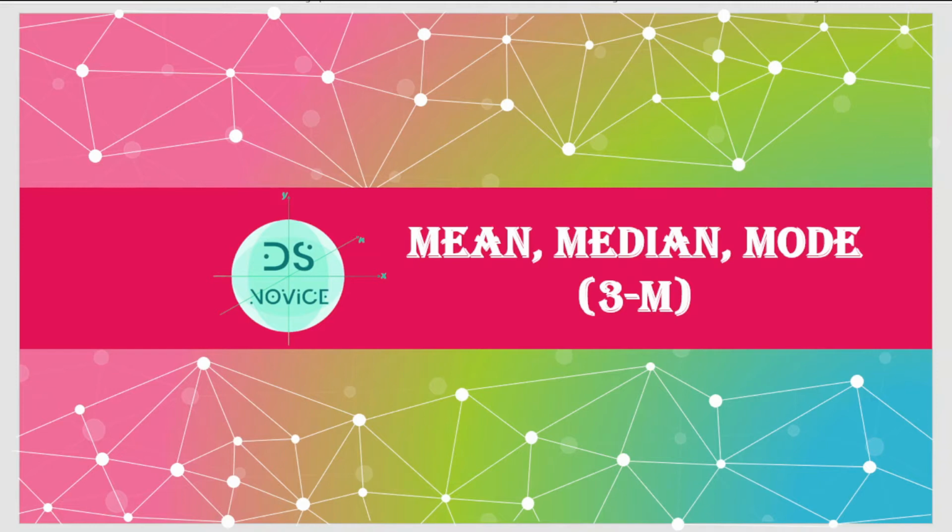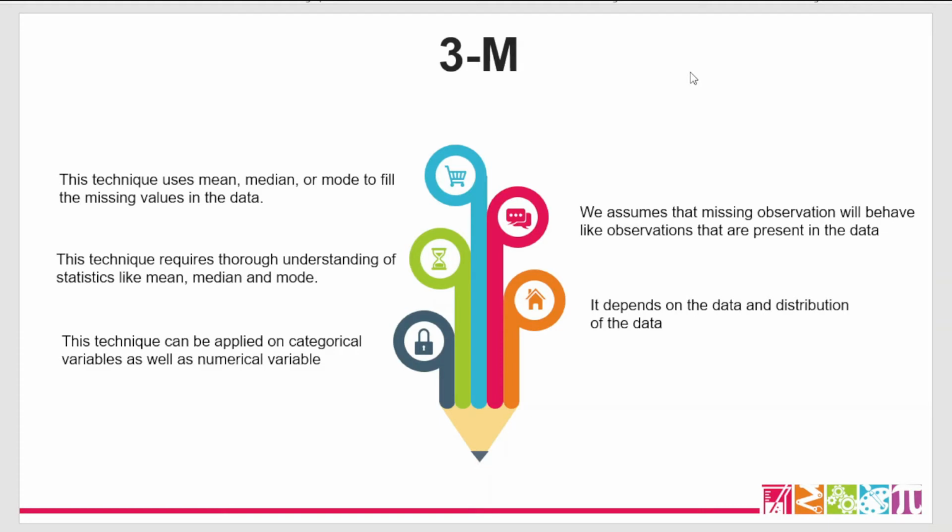So let's go through what this technique is. As the name suggests, this technique uses mean median mode for the missing values treatment. And when we hear about mean median mode, we may get this impression: what's great in that? This is the first thing we learn in statistics. So this technique must be an easy one. But that is not the case.